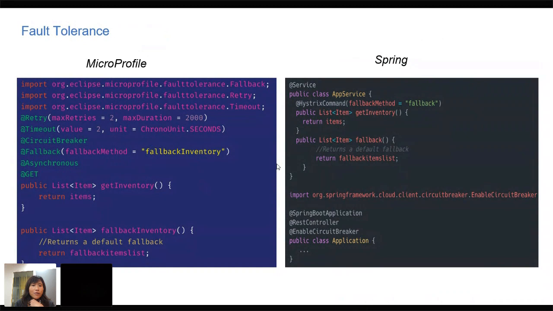With this error, you can actually trigger the fallback. Also with this operation, you probably need to think about what the contingency plan is, so you will use a Fallback. In this case, if there's a problem, the fallback method, fallback inventory, will be called instead. It will provide a default response to the customer.